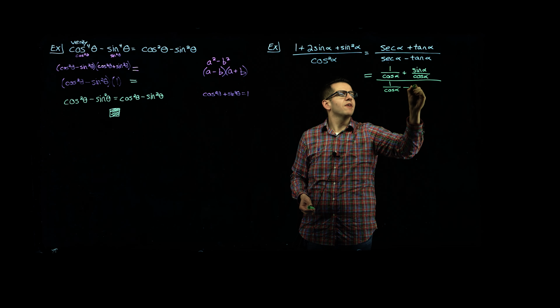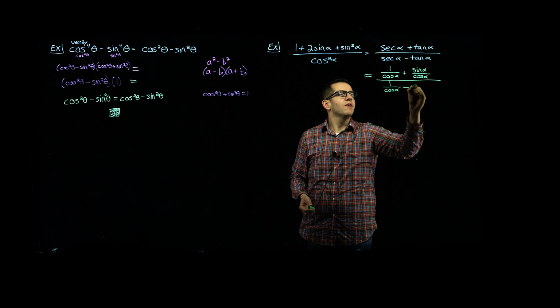Every one of these inner fractions has a cosine of alpha. So if we multiply the numerator and denominator by cosine of alpha, it won't change the problem because we're multiplying it to the numerator and denominator. We're also not affecting the other side of the equation, which is perfectly okay.